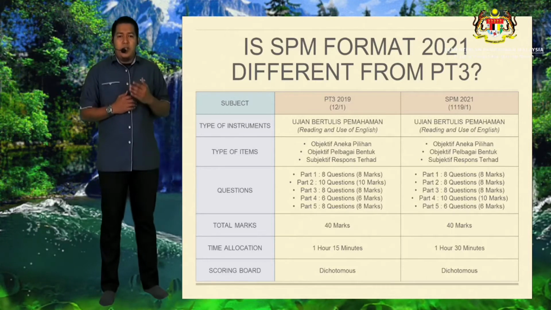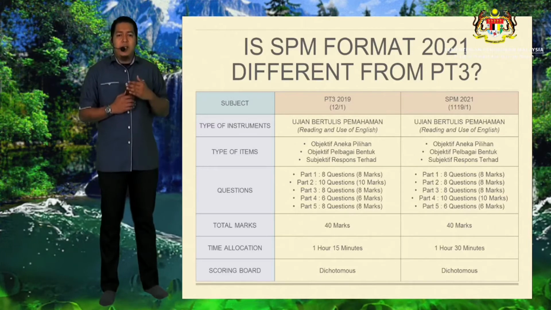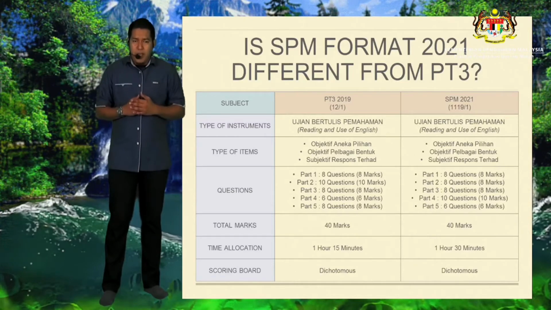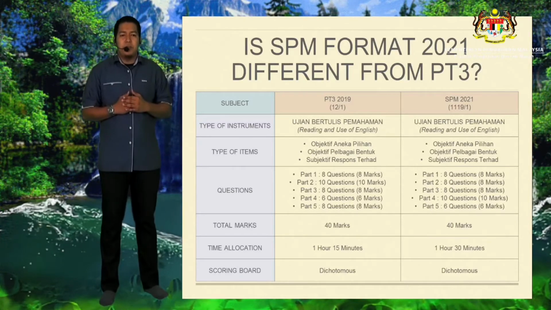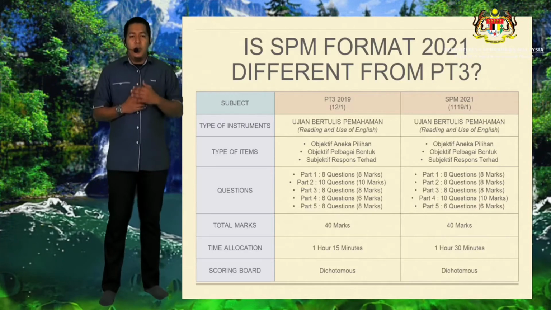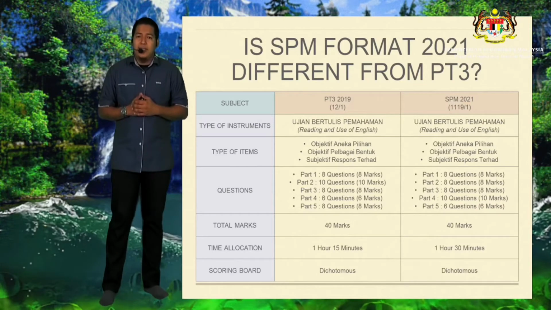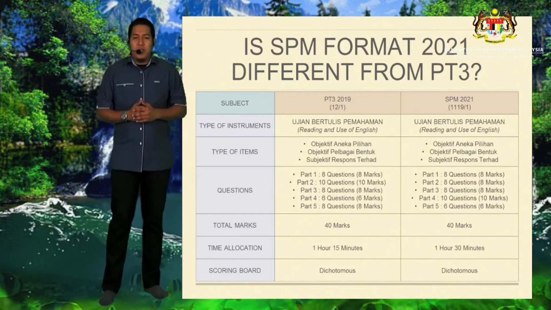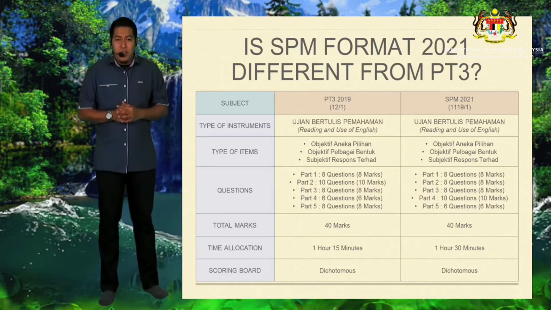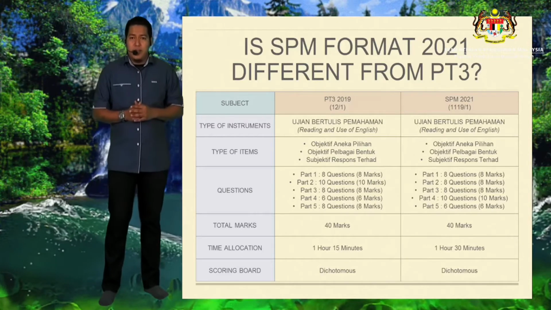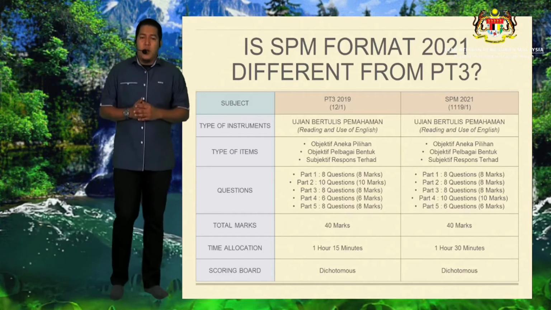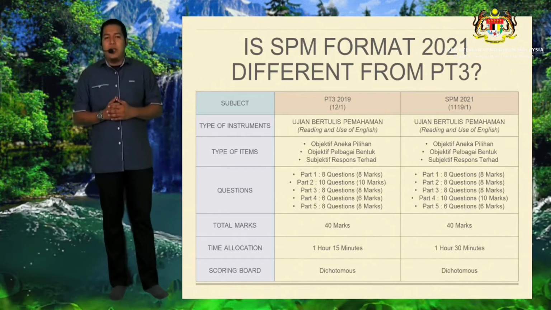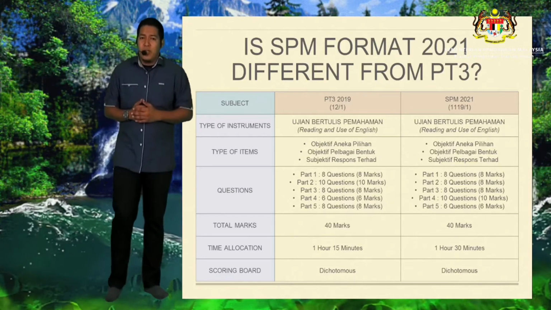For PT3, it only has 1 hour and 50 minutes. But for SPM, it gives you 1 hour and 30 minutes. For the scoring, both papers share the same thing, which is dichotomous. So only a few things are different between PT3 and SPM 2021.